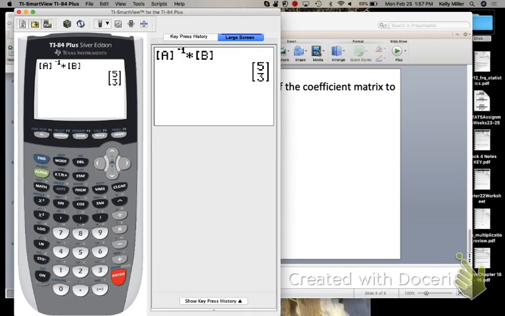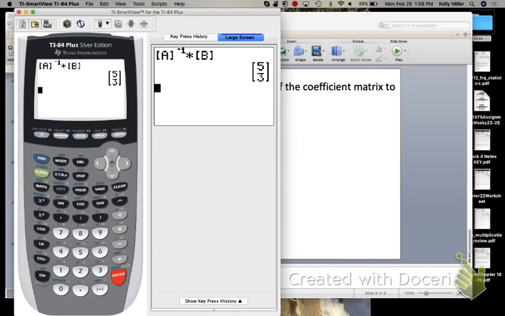So if you had to do problem 33 in your textbook, which is x plus y plus 2w equals 3, 2x minus y plus z minus w equals 3, 3x plus 3y plus 2z minus 2w equals 5, and x plus 2y plus z equals 3. How could you do it on your calculator? What would you guys do? Is there only 3 variables for the... Yep, so you would have a 0 for your z.